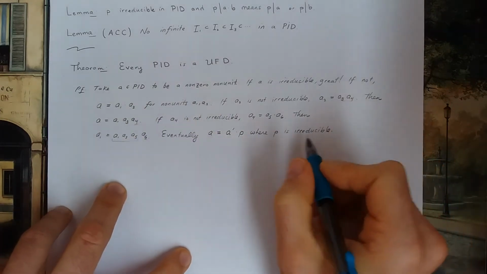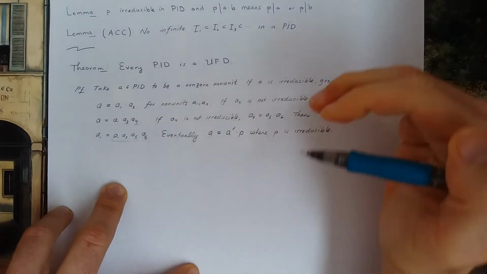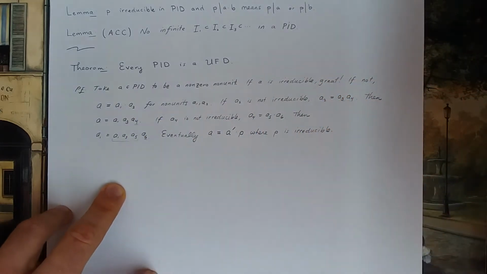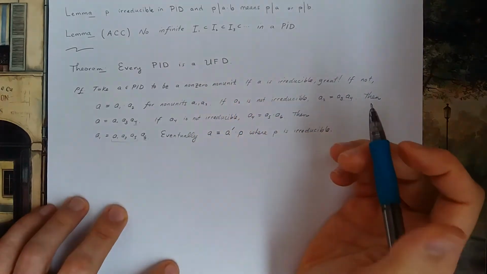And you might say, well, how do I know I'll be able to eventually find an irreducible? Why can't I just keep going down and down and down forever, never actually landing on an irreducible?